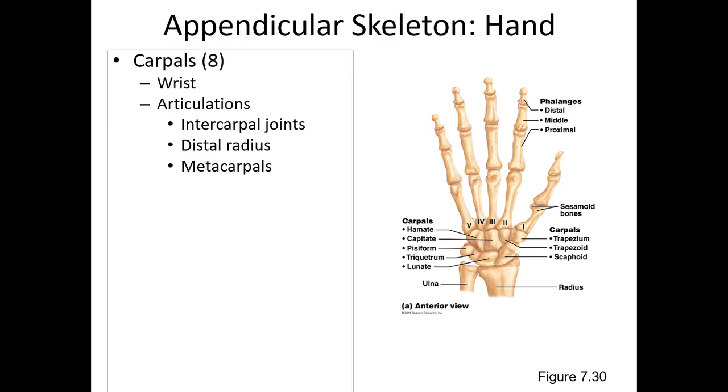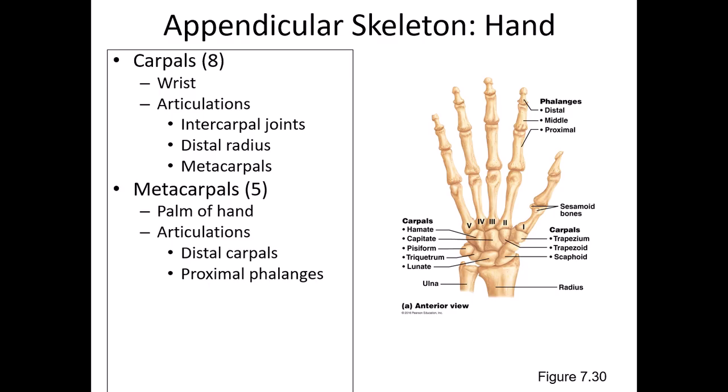And then 4 of them articulate with the metacarpals. The intercarpal joints and the carpometacarpal joints are plane joints except for the carpometacarpal joint where your thumb is. That's the saddle joint that gives your thumb opposition.